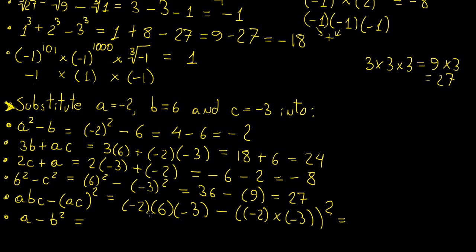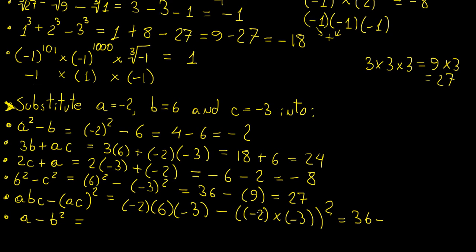Okay, so let's start with this one. What do we notice about this number? Well, we have two negative signs involved here. They're multiplying each other, so they're going to result in a positive number. So negative times negative, that's going to become a positive number. And we have 2 times 6, which is 12, times 3, which is 36.